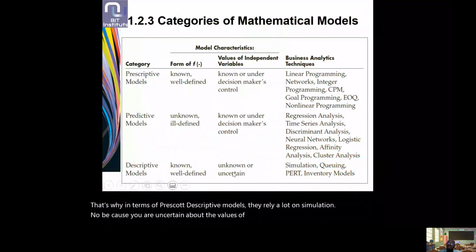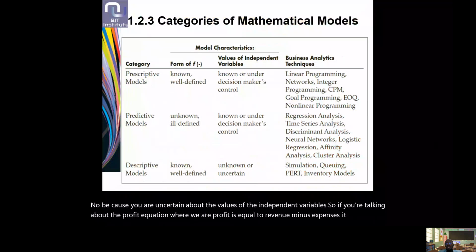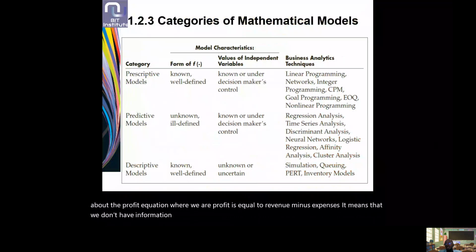So if you're talking about the profit equation, where profit is equal to revenue minus expenses, it means that we don't have information about revenues, we don't have information about expenses, right? But we know the functional relationship between revenue and expenses in determining profit, but we don't have the values of the independent variables.